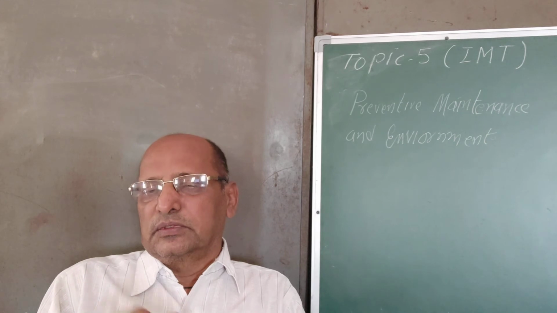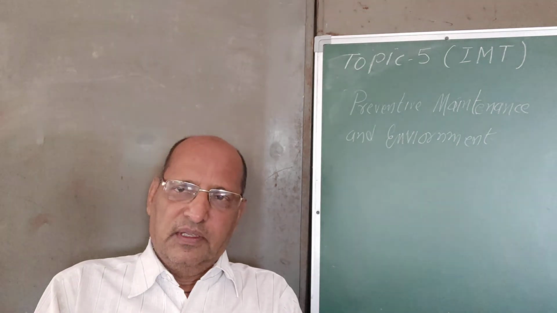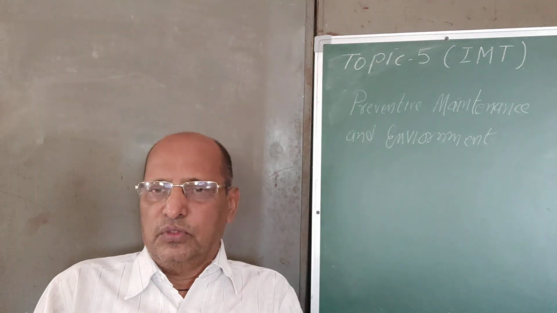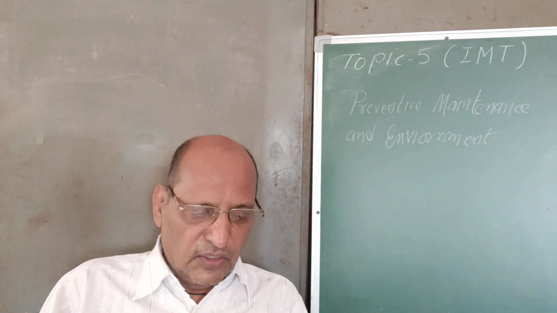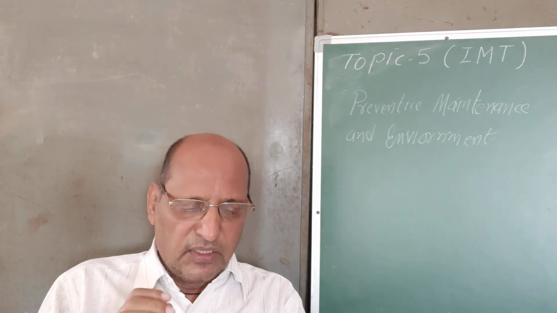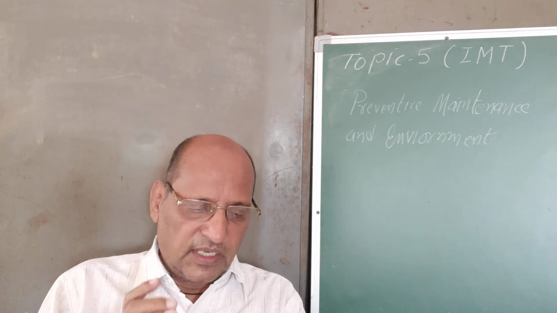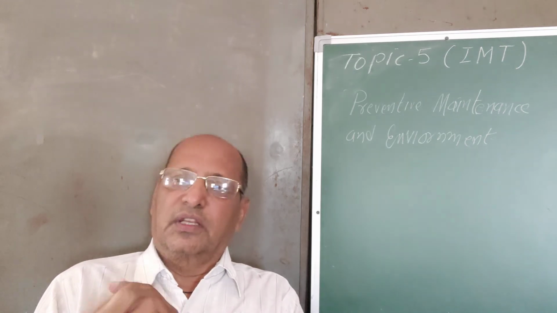So you collectively make an answer to this question, because I have given the information in pieces. You collect all this information under one heading: preventive measures to control environmental pollution.